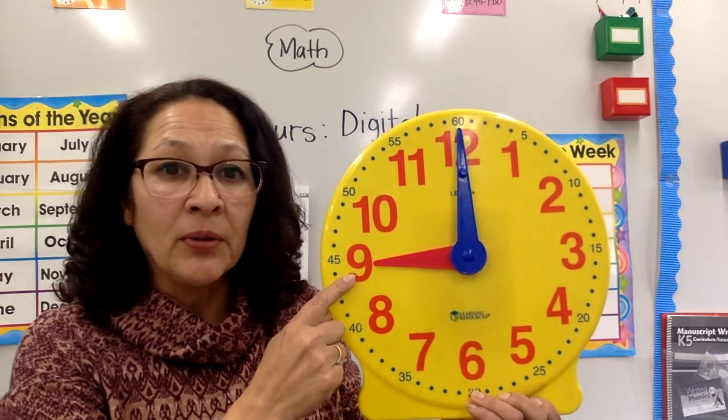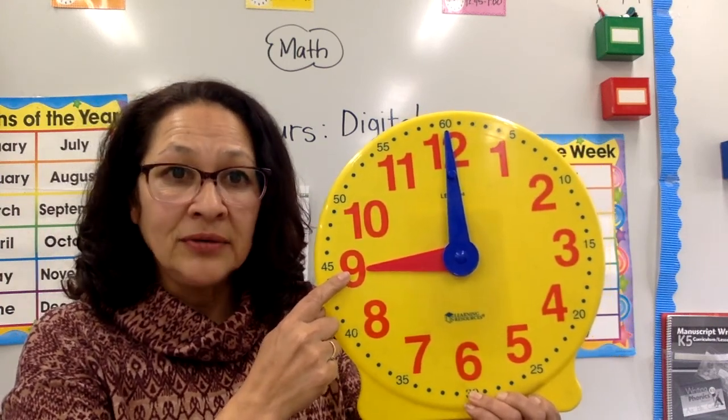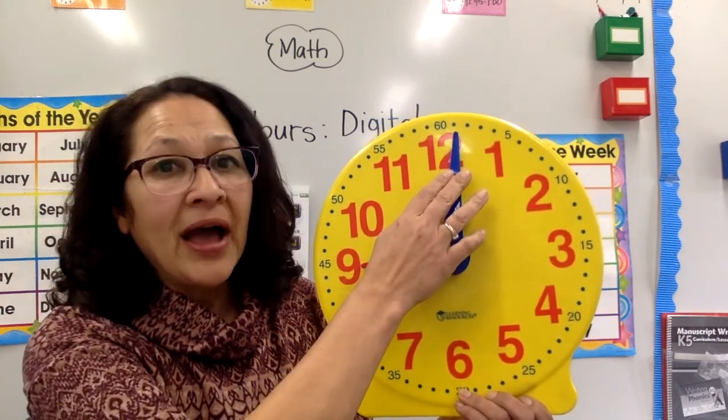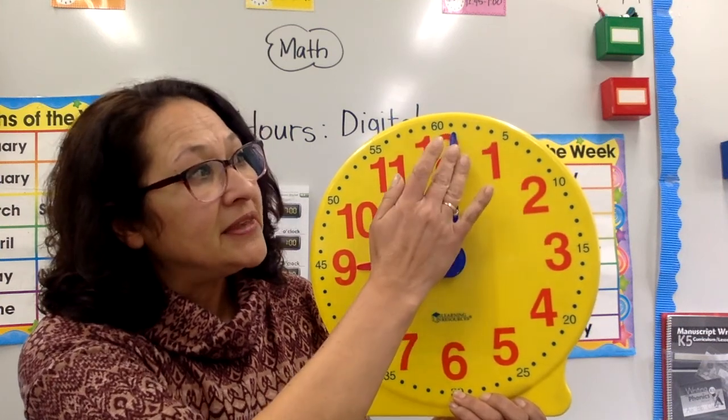So, for example, it's 9 o'clock now, and now we're going to count by fives because every time this minute hand gets to a different number, 5 minutes have gone by. So we can actually practice skip counting by fives, and you know how to do that, right? So let's begin, okay? It's 5, 10, 15, 20, 25, 30, 35, 40, 45, 50, 55, 60.